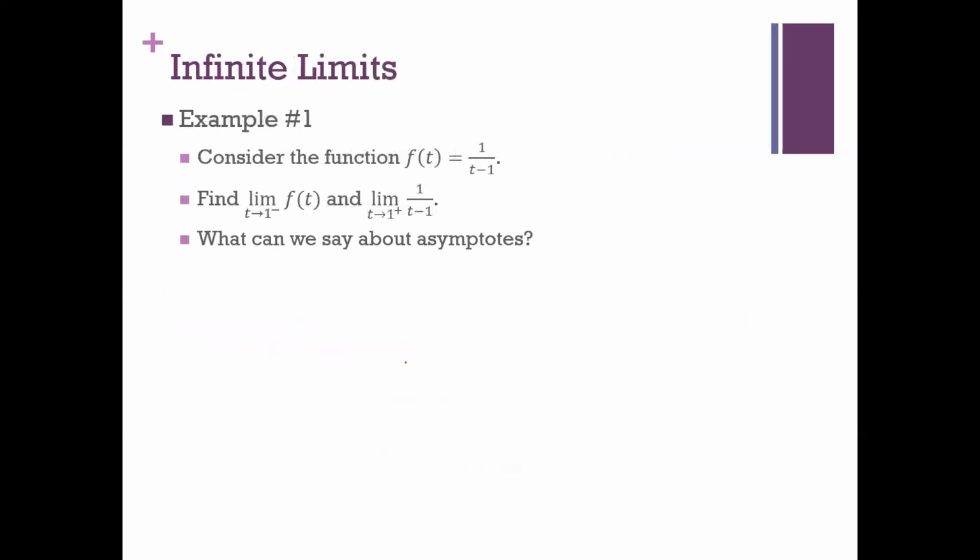All right, so let's think about this function here. 1/(t minus 1). What is the limit of this function as t approaches 1 from the left? First of all, is this function defined at t equals 1?